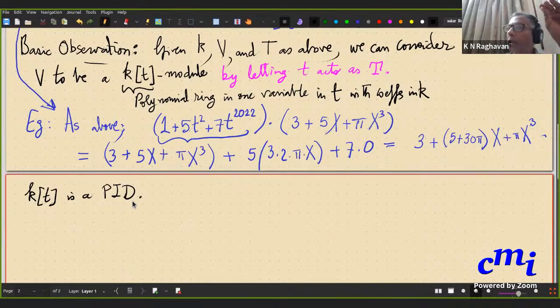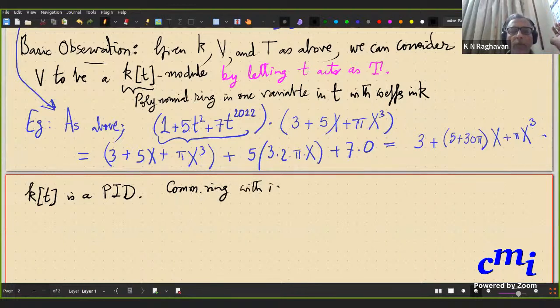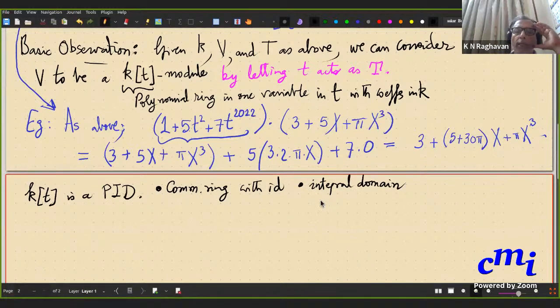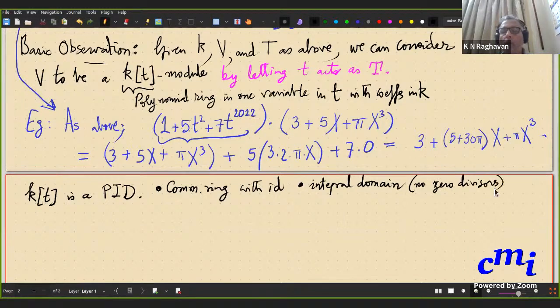But before we get there, there are other conditions. It's a principal ideal domain, right? So the conditions are, it's a commutative ring with identity. Okay, that's the first condition. Second condition is that it's an integral domain, right, which means no zero divisors.